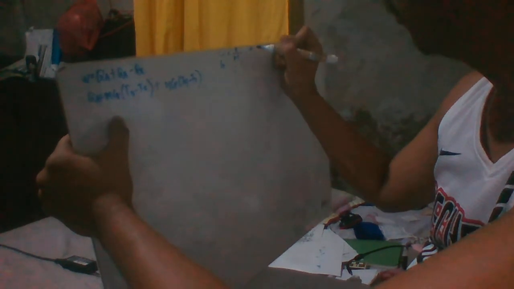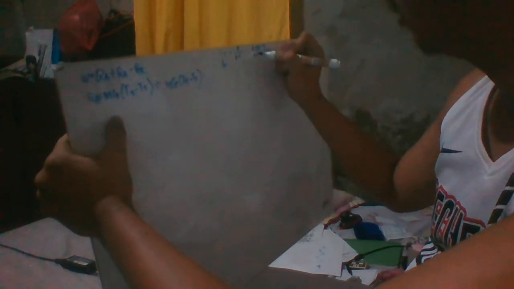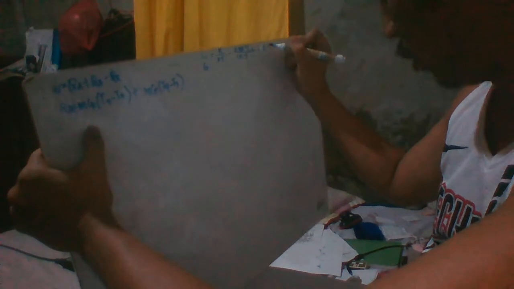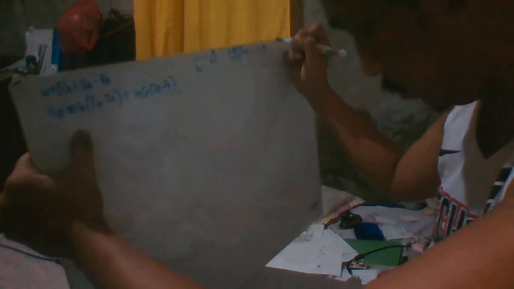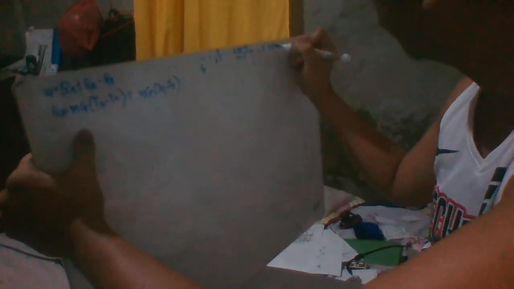So 0.287 kilojoule per kilogram Kelvin over 1.31 minus 1. We will have an answer of 0.9258 kilojoule per kilogram Kelvin.